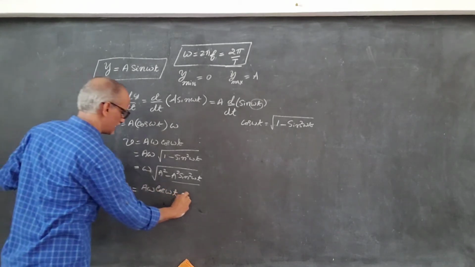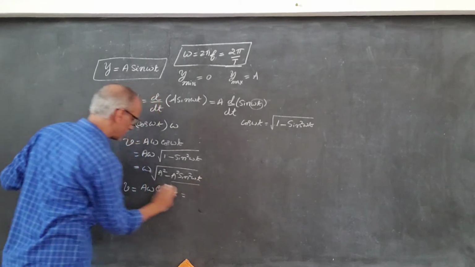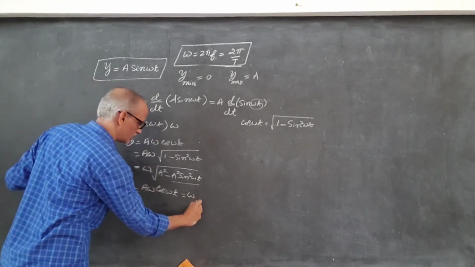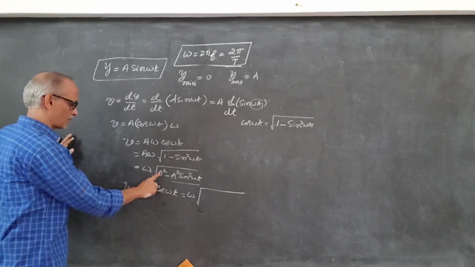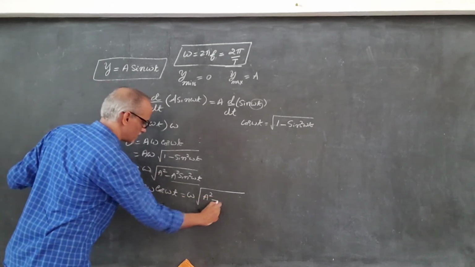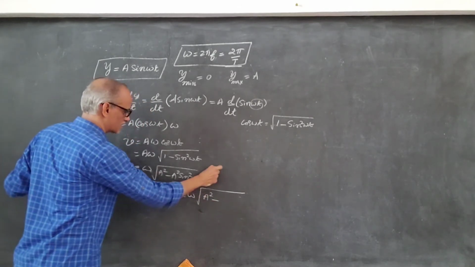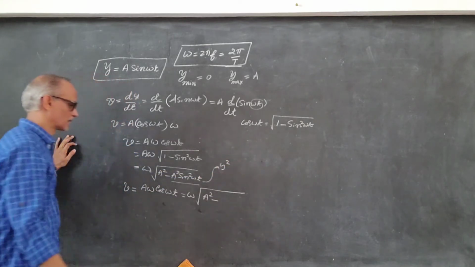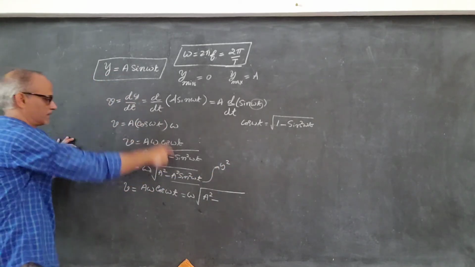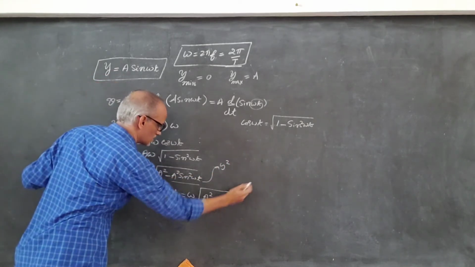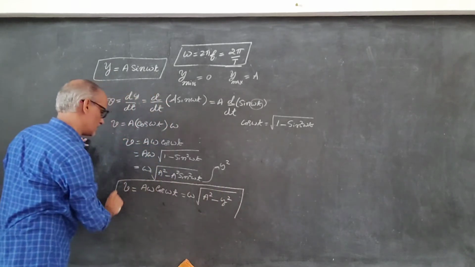The other one is omega into root of a square minus y square, correct? Y is here, so square of it is this. So these are the two equations for the velocity.